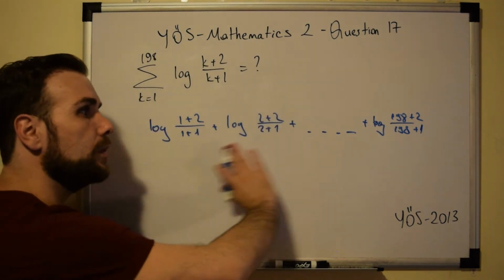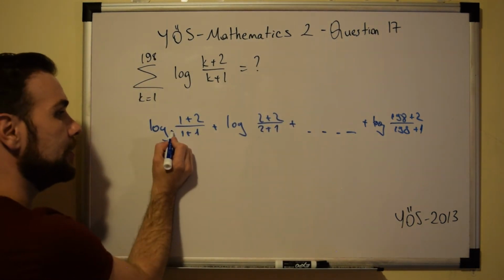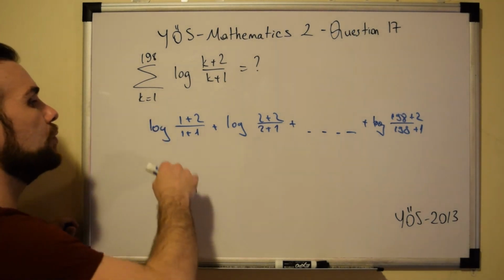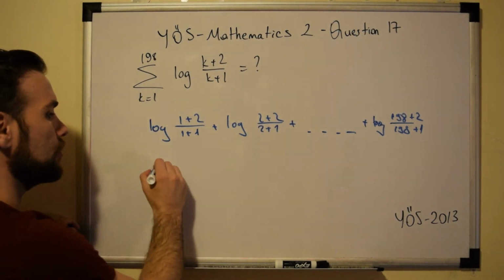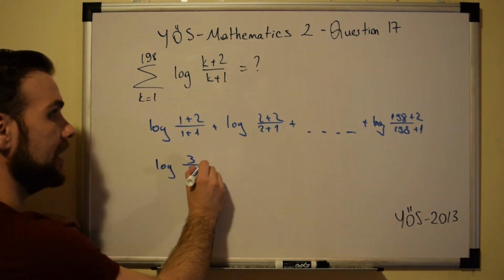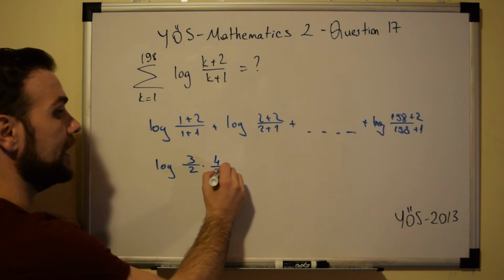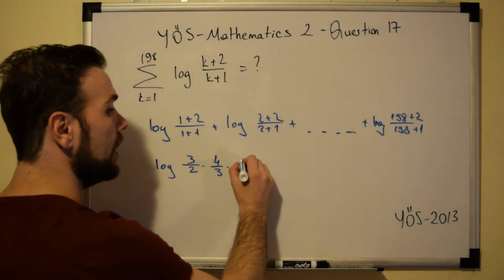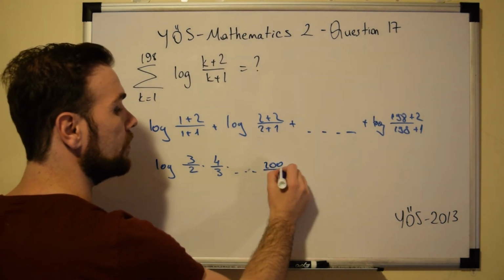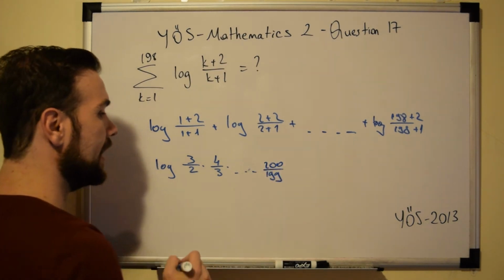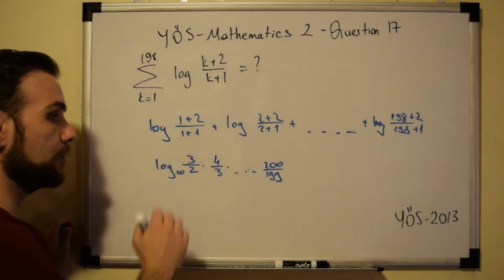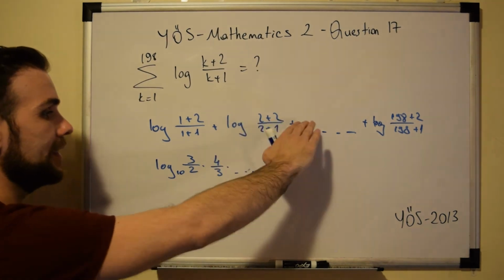Now, what is another way we can write this expression? We already know that whenever the base is not written, it means that we have a base 10. So logarithm of 3 over 2 times 4 over 3 times up to 200 over 199 to base 10. So this is another way we can write this expression.